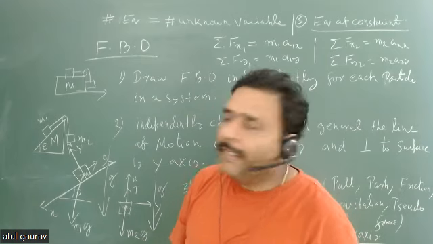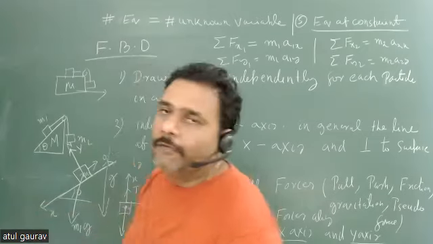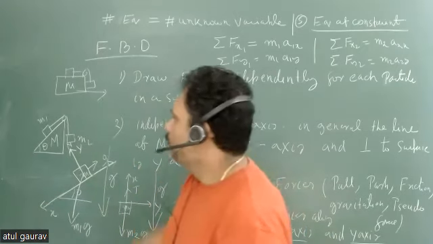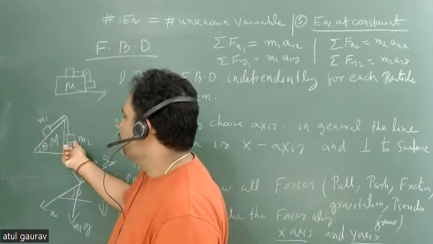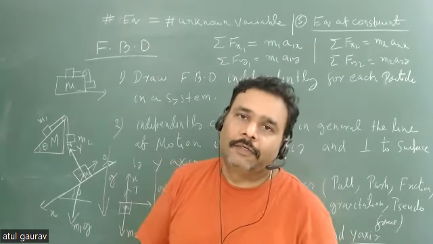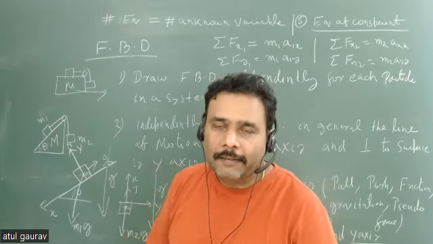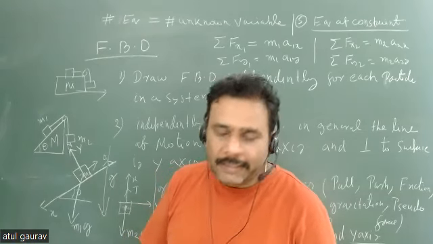And why are they related? Because you know that the length of the string is always constant. If one moves x distance, then the other also moves x distance. So you can say the magnitude of acceleration is the same for both particles. Isn't it?